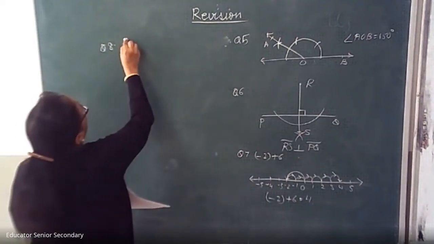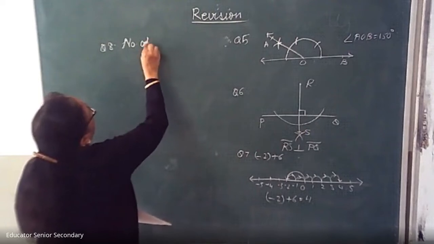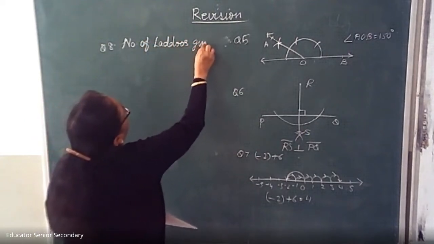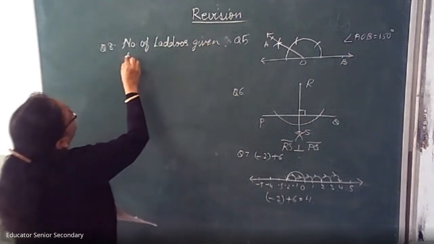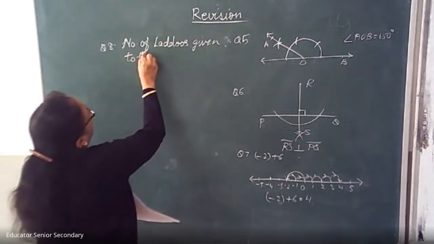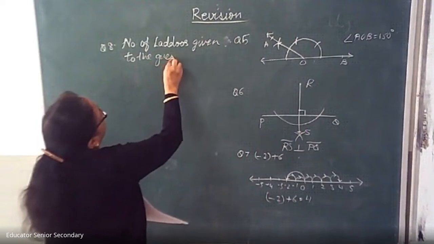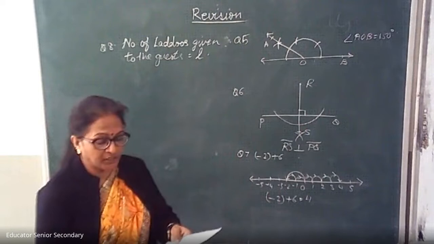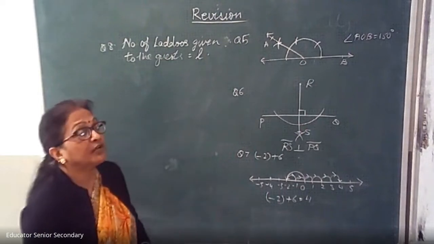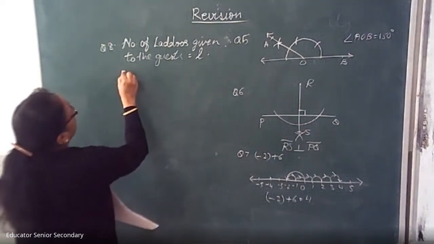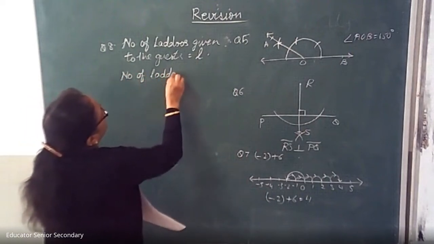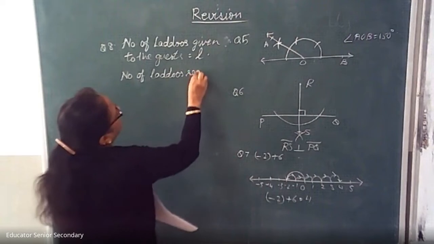So we write number of laddus given to the guests is equal to n. Then it says, how many laddus did she make if 5 laddus are still remaining? So we write number of laddus remaining.